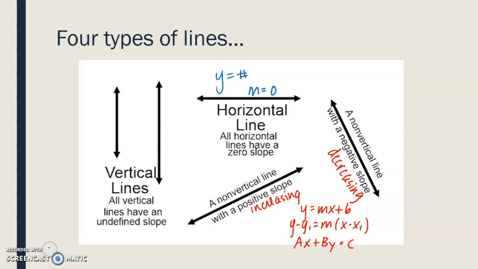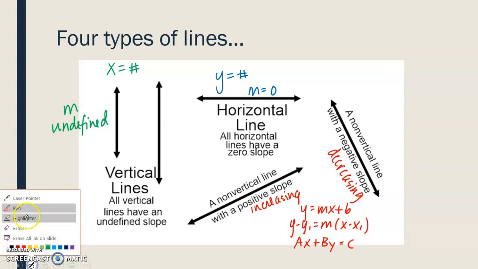Vertical lines, the equation of a vertical line is always x equals whatever the x coordinate of the ordered pair is. All vertical lines have an undefined slope. So no matter what, if there's no change in my x value, then my slope is undefined.